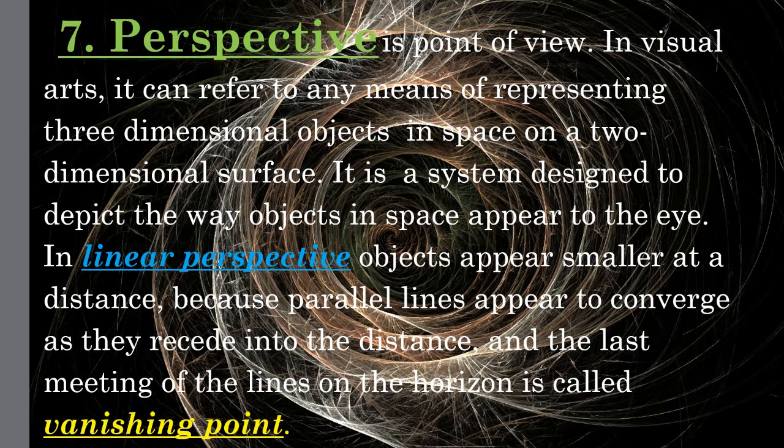In linear perspective, objects appear smaller at a distance because parallel lines appear to converge. They recede into the distance, and the last meeting of the lines on the horizon is called the vanishing point.